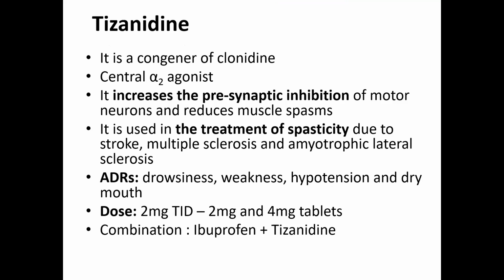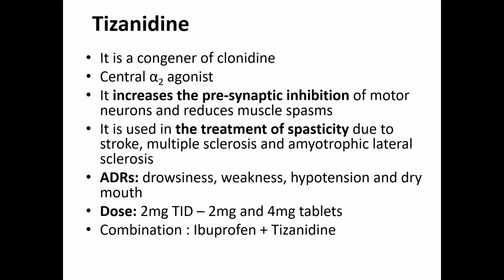And coming to the other drug, tizanidine. Tizanidine is a congener of clonidine. Clonidine is a central alpha-2 agonist. If we stimulate the alpha-2 receptors, the release of acetylcholine from the presynaptic nerve terminals is inhibited. So it increases the presynaptic inhibition of motor neurons and reduces the muscle spasm.